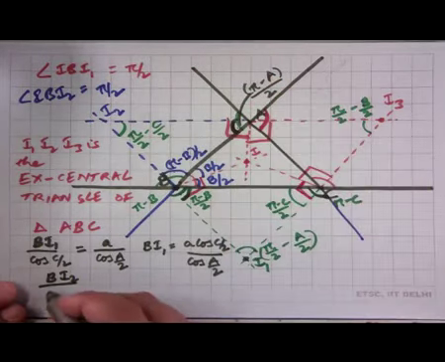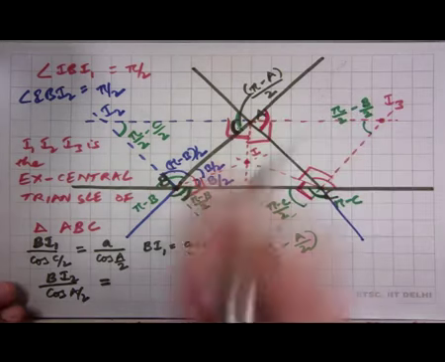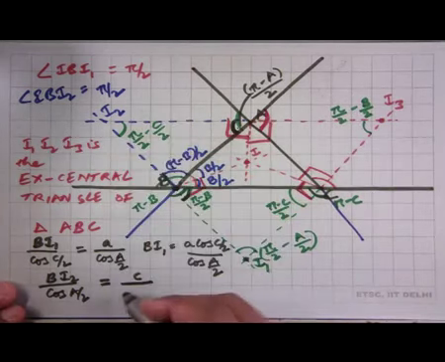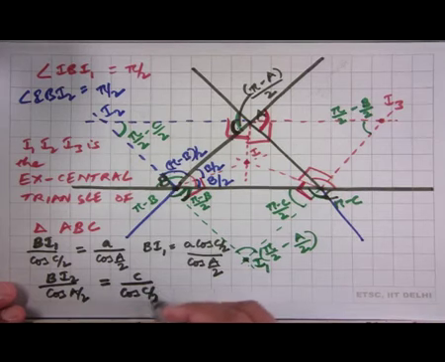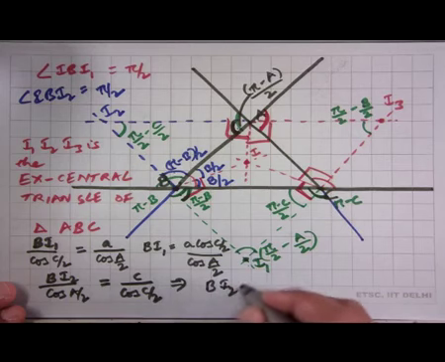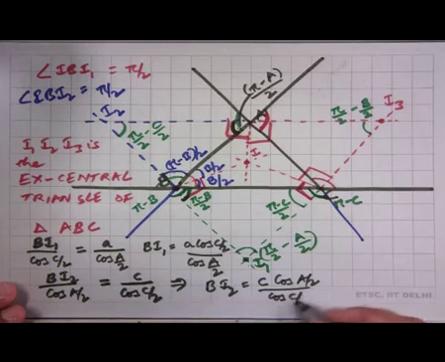So, BI2 over cos(A/2) equals this length c divided by the sine of this angle, which is cos(C/2), and from there it follows that BI2 is equal to c cos(A/2) over cos(C/2).